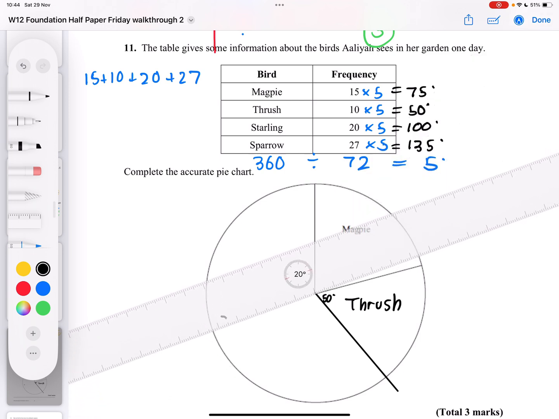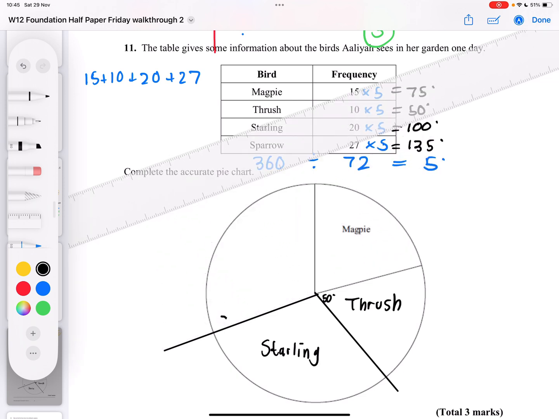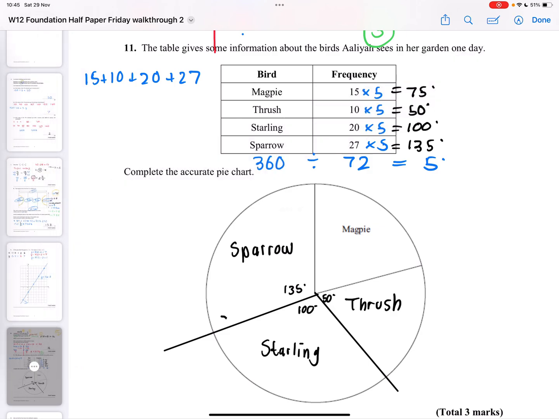That should be perfect. And that's where I'm going to write Stalin. And then that one is going to be Sparrow. And that is plotted. Good job.